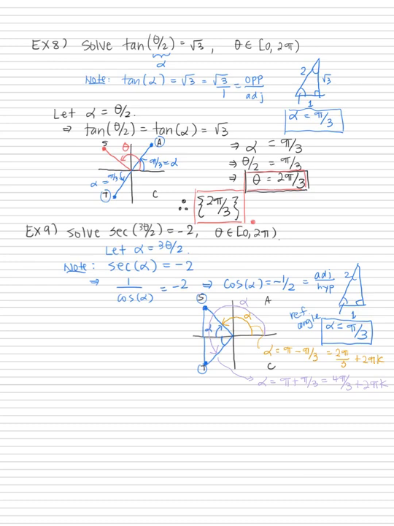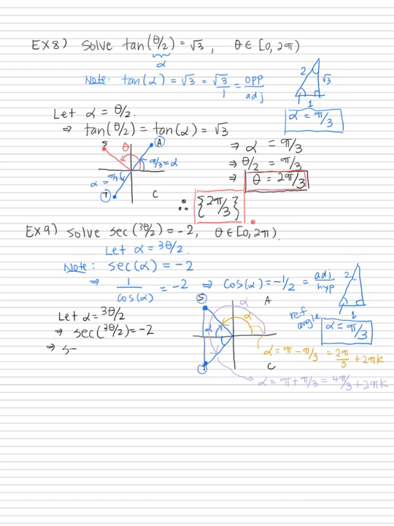And let's try to rewrite this nicely and try to solve. Okay, so I'm going to start from the very beginning. So I'm going to say let alpha be 3 theta over 2. Okay, so that implies that secant of 3 theta over 2 equals negative 2.